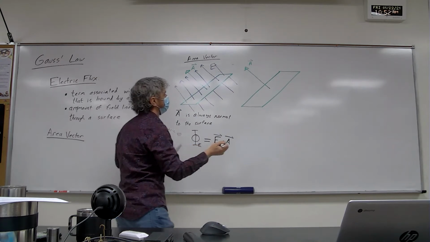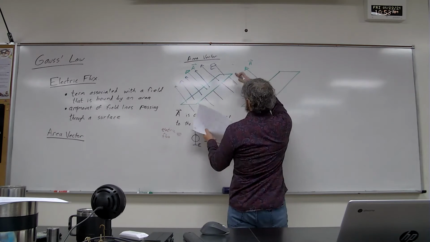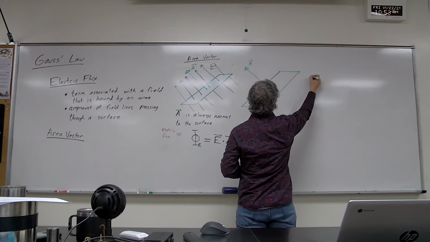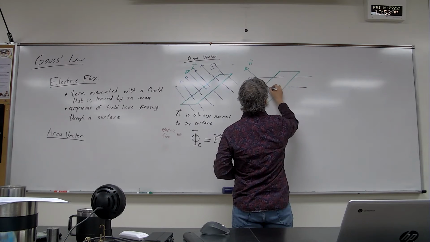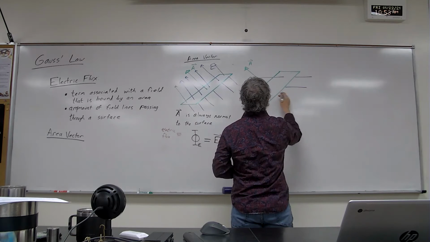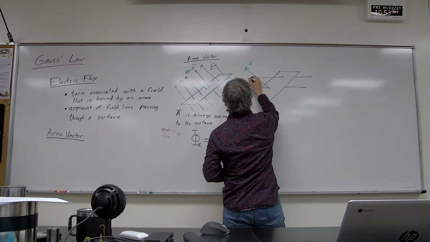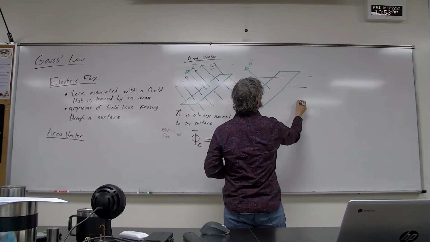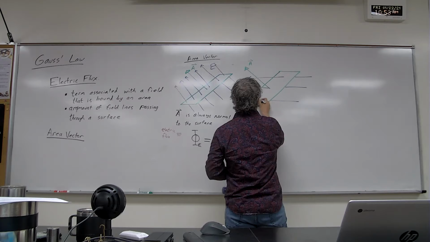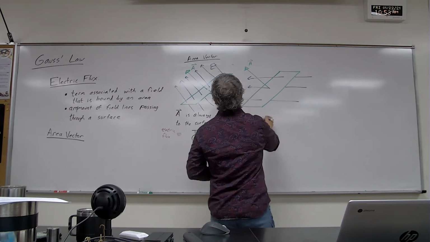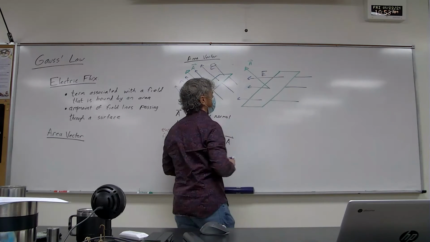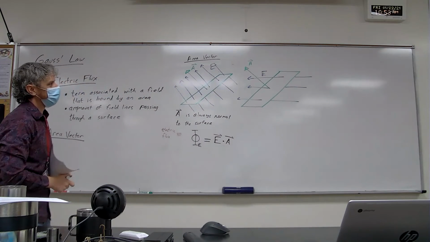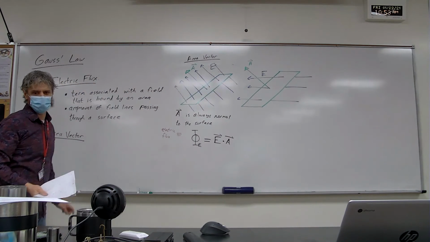If I then have an electric field with the same electric field density coming this way, sorry, I need to be consistent here. I'm not being consistent. I blame you. All right, so I have electric flux here. I think I've exaggerated it. But the electric flux through that surface is going to be small, right?